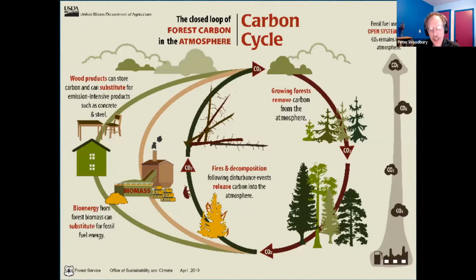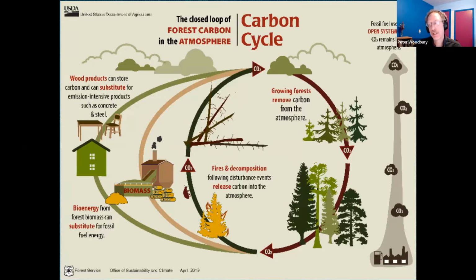The reason we're thinking about growing forests is we can store quite a bit of carbon. Forests, as they grow, are removing carbon from the atmosphere and storing it in growing trees. And this is part of what they're calling a closed loop of forest carbon in the atmosphere. We can pull carbon out of the atmosphere into trees, and then we can use those for energy. They can be lost due to fire or disease or other mortality.